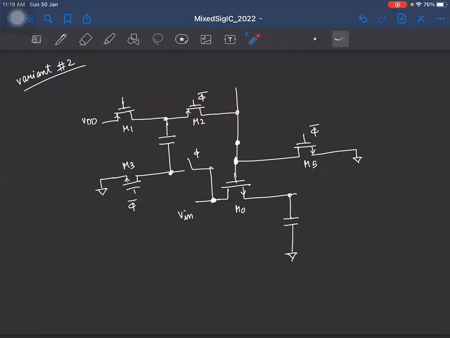And notice that this switch is trying to connect Vin to this node. Okay. So which means since Vin can vary all the way from 0 to VDD, it is going to see a wide range of input signal, right? And the best switch we know that can pass a wide range of input signal is the transmission gate. So here a transmission gate was used.